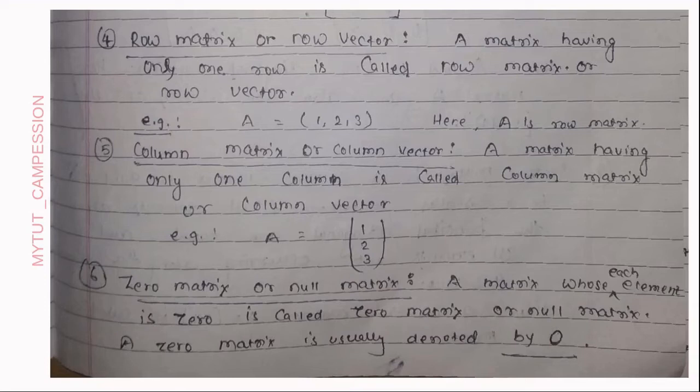A zero matrix is usually denoted by capital O. Those matrices whose each and every element is 0 are called zero matrices or null matrices.